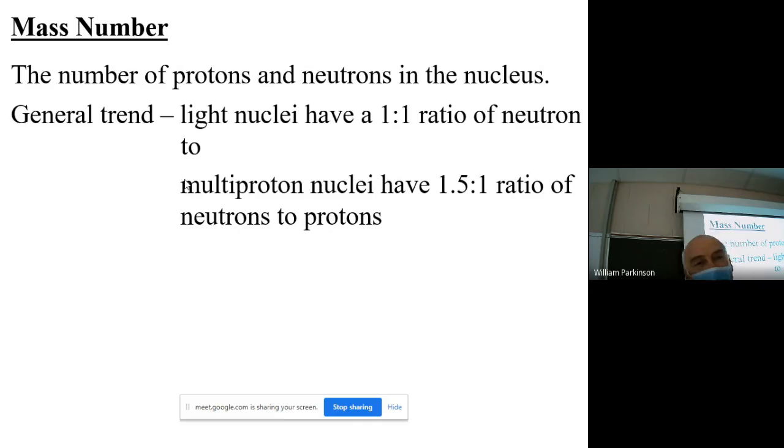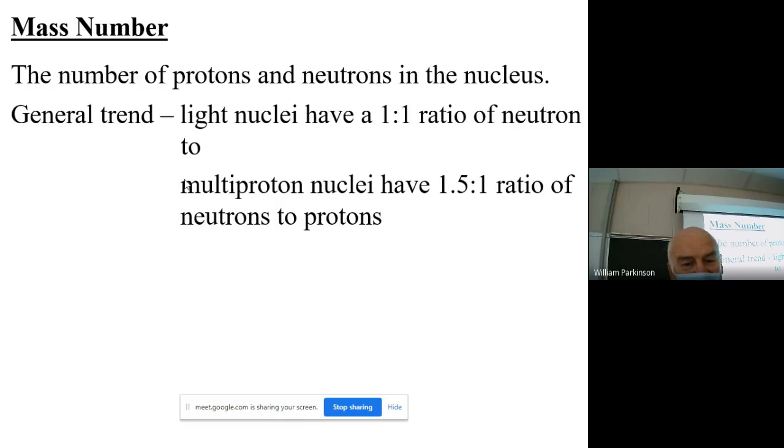Lithium is in box 3. Lithium has 3 protons. Lithiums have 3 neutrons. Beryllium is in box 4. Berylliums all have 4 protons. Berylliums all have 4 neutrons. So essentially, to hold the positive charge together in the nucleus, you need about as many neutrons as you need protons.